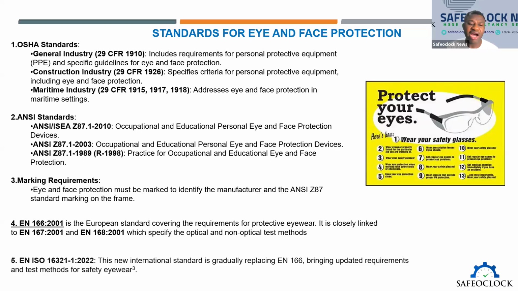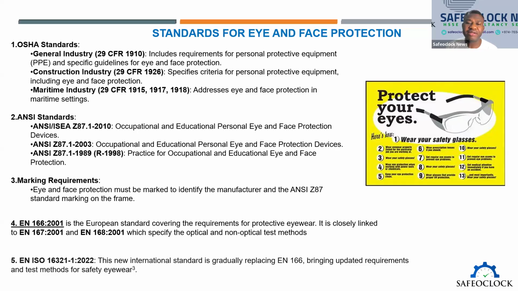Then for ISO, ISO 16321 of 2022 is the international standard that is gradually replacing EN 166, and it has an updated requirement for test methods for eye safety and eyewear.